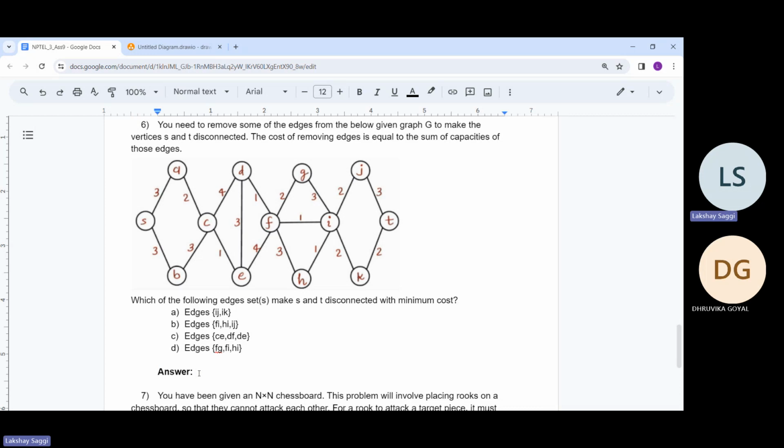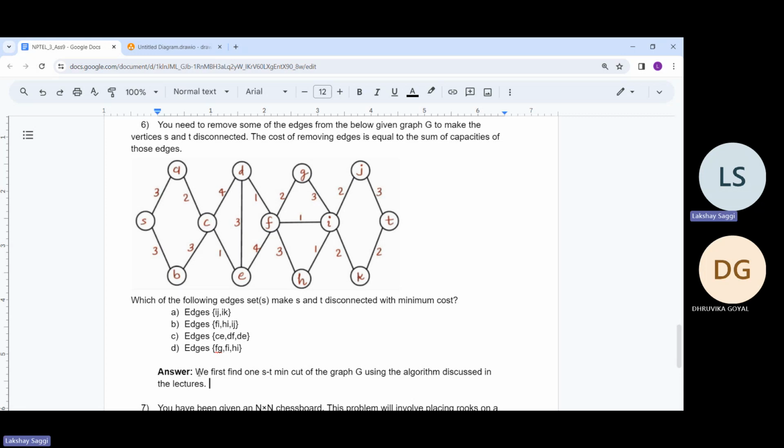So what we are going to do is first find one ST min cut of the graph G using the Ford-Fulkerson algorithm discussed in the lecture. We find the ST minimum cut and its size using the Ford-Fulkerson algorithm.